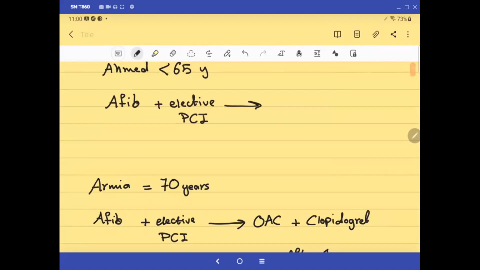Yeah, in case of Ahmed, age is less than 65, so it's a simple case. At that point, I give aspirin with clopidogrel for 12 months, then aspirin after 12 months.